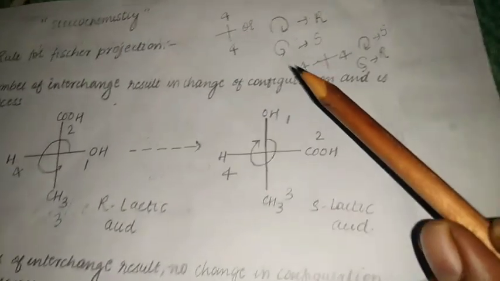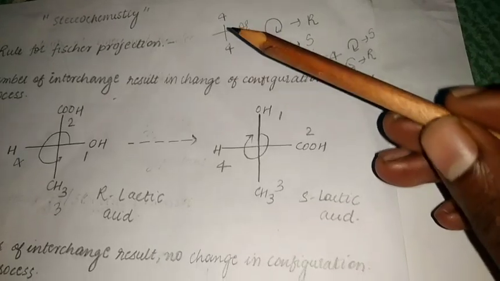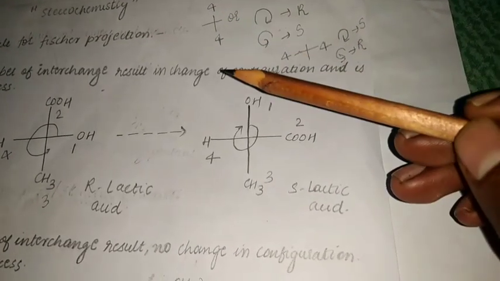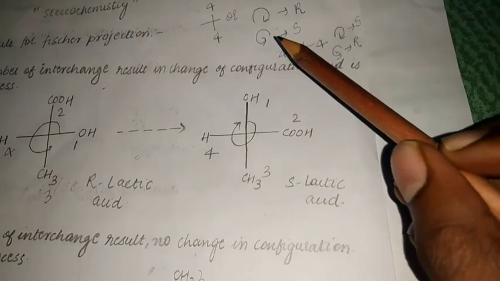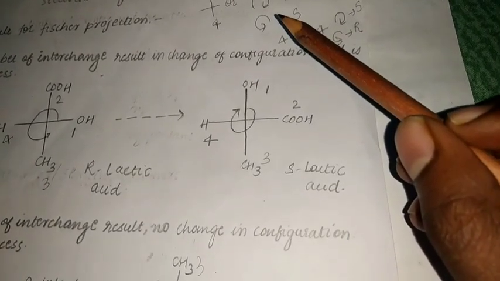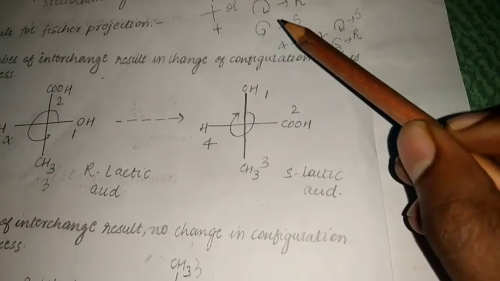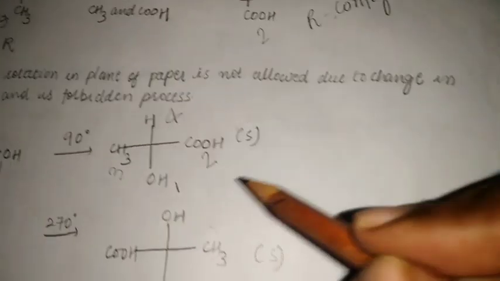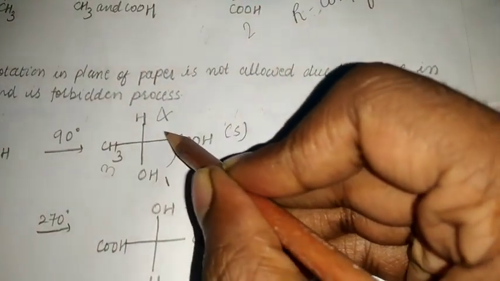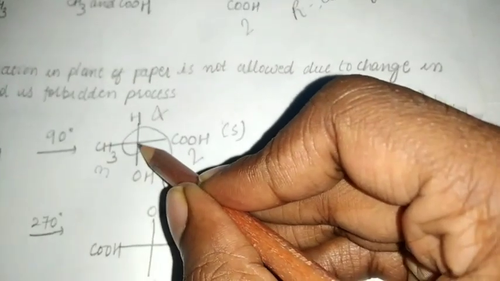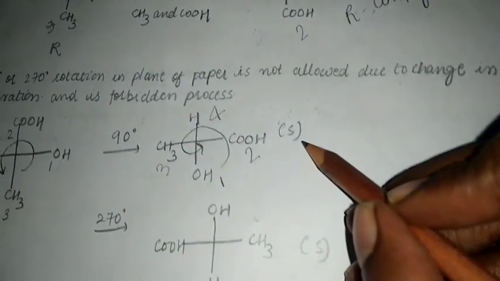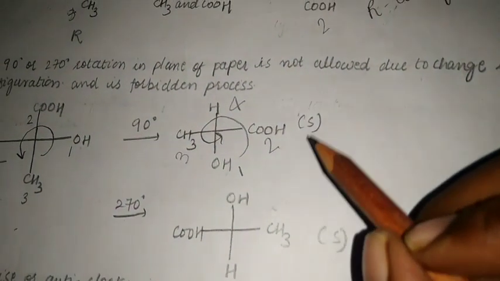So according to this rule, if the fourth functional group is present in upside or downside position, and it is rotating in anti-clockwise direction, then it becomes S configuration.